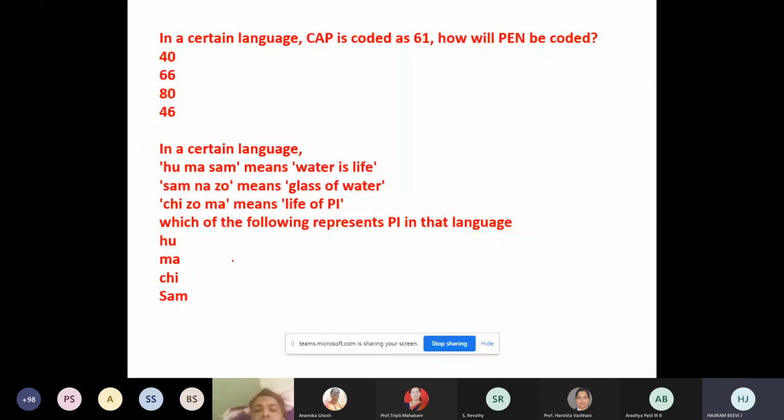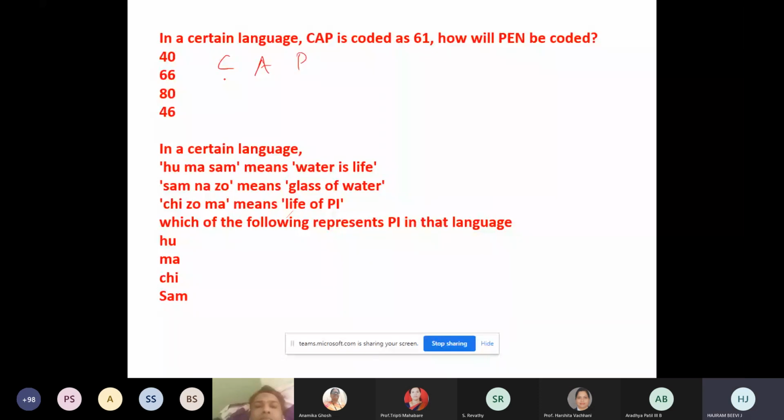The next one: in a certain language, CAP is coded as 61. Then how will PEN be coded? CAP.